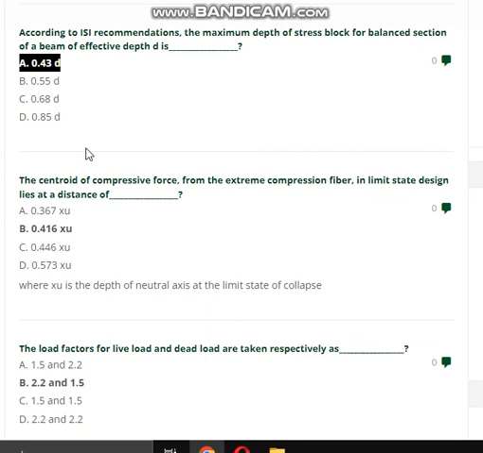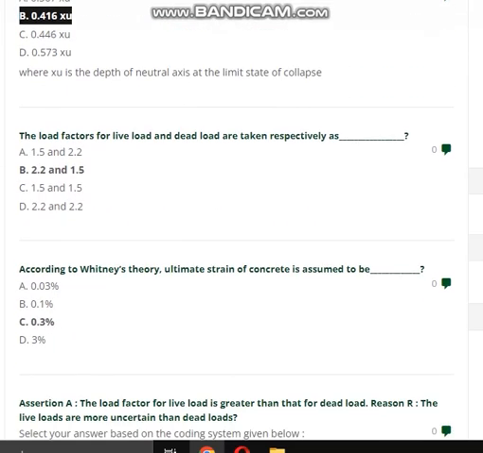The centroid of compression force from the extreme compression fiber in limit state design lies at a distance of 0.416 xu. The load factors for live load and dead load are taken respectively as 2.2 and 1.5.